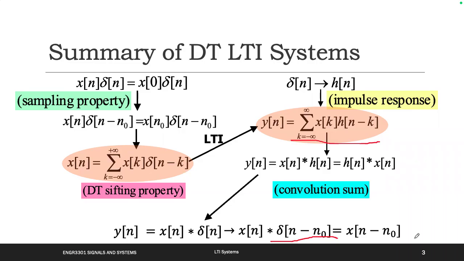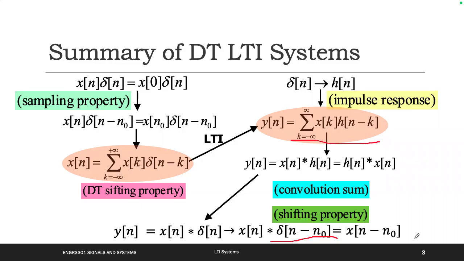Actually, we also have other properties. Do you remember? This is the shifting property, and there is the scaling property. For the convolution, we have some other properties. What are those?